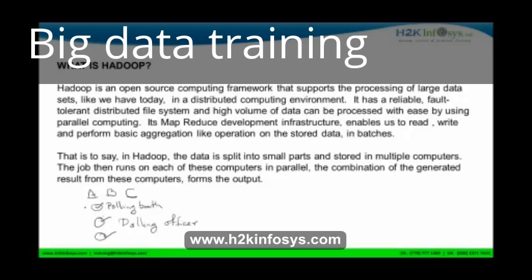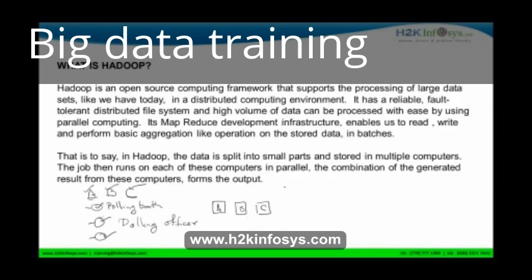So you have a polling officer working on the first booth, one on the second booth, and one on the third booth simultaneously, and they count the number of votes that candidate A got, candidate B got, and candidate C got. And they declare a result and say that candidate A has this many votes, candidate B has this many votes, and candidate C has that many votes.